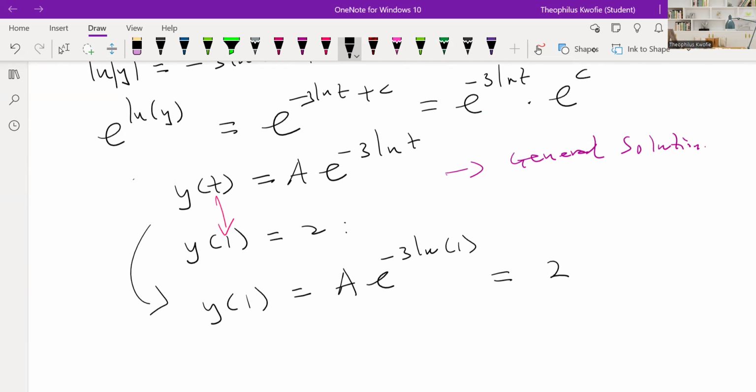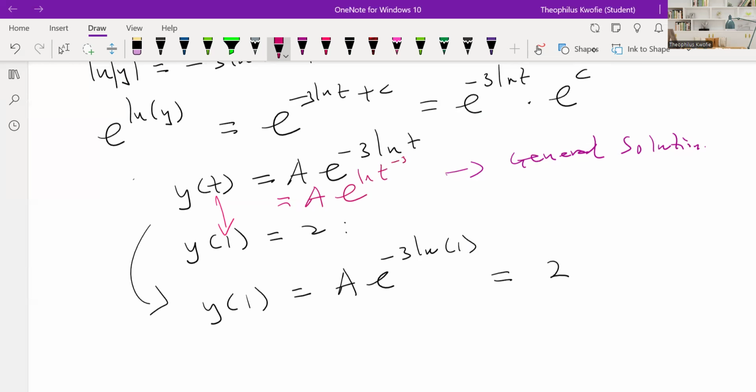Before we do that, we want to further simplify it, because the exponential and the natural log are inverses of each other. We can rewrite this as e to the power of the natural log of t to the power minus 3.